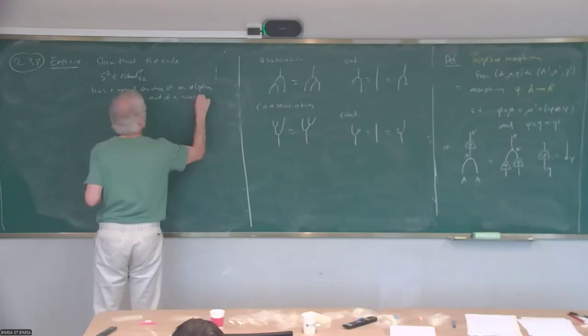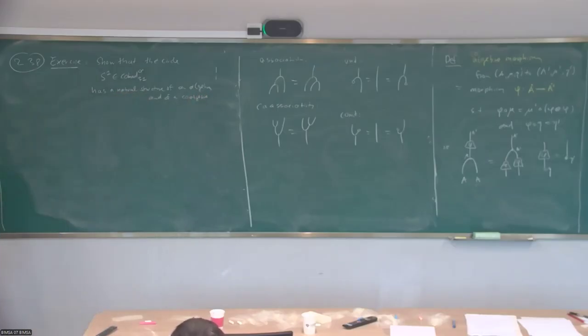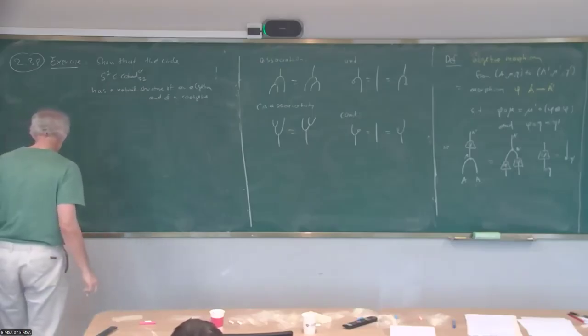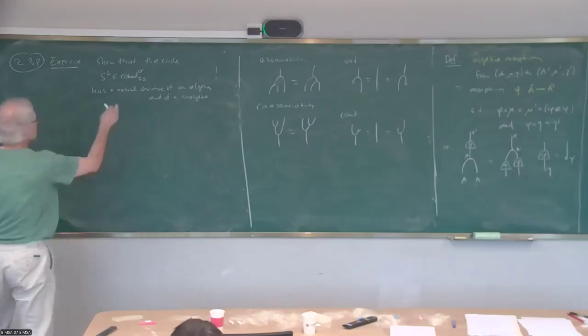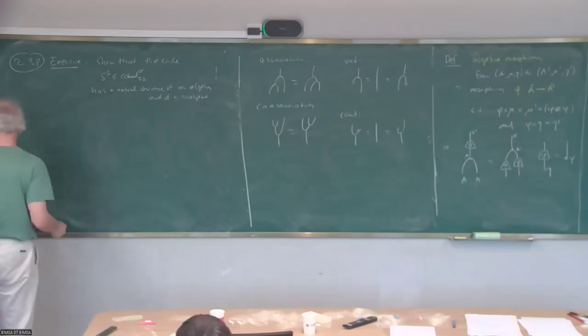So this is an example of an algebra in a category which is not linear and not abelian. To do this, just recall what we said about generating morphisms of that category.